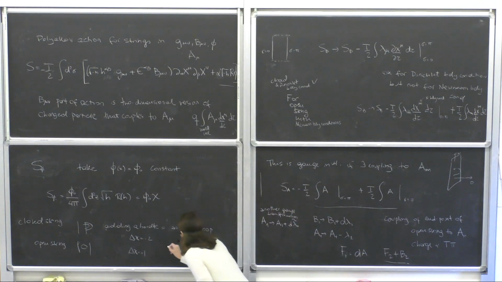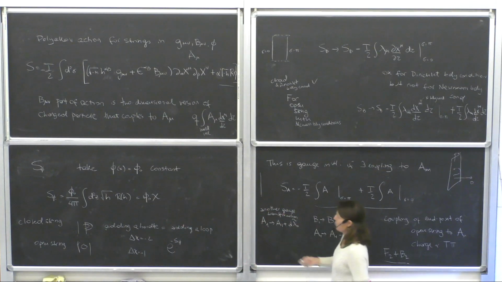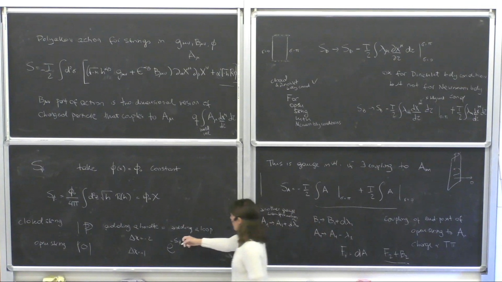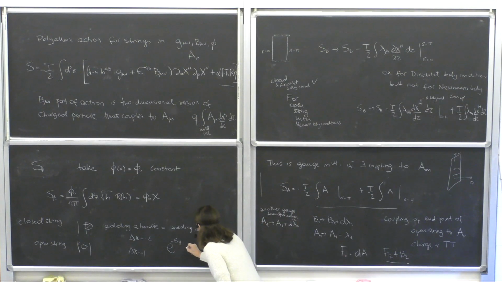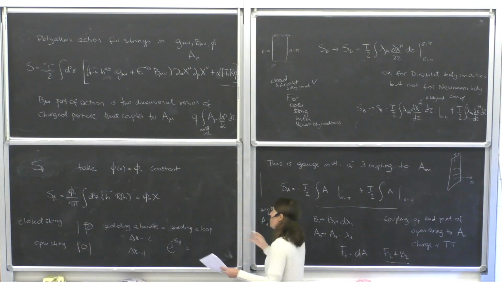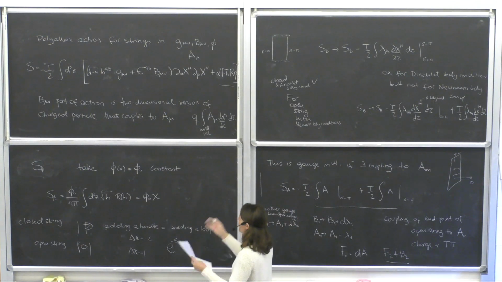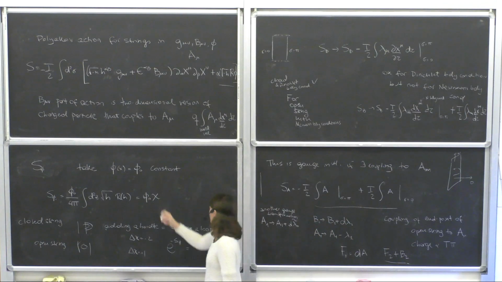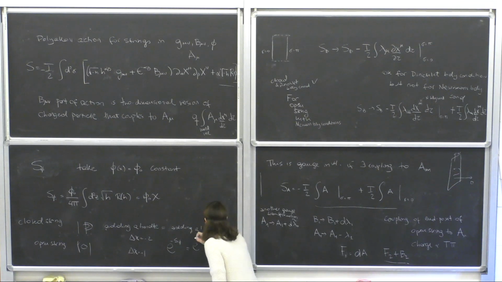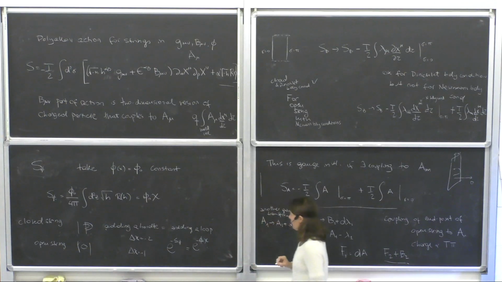So now if I have e to the minus Polyakov action and the part that corresponds to the dilaton, I can split it into a constant piece, a vacuum expectation value, and a fluctuating piece. And the part corresponding to the vacuum expectation value gives me e to the minus phi 0 chi.